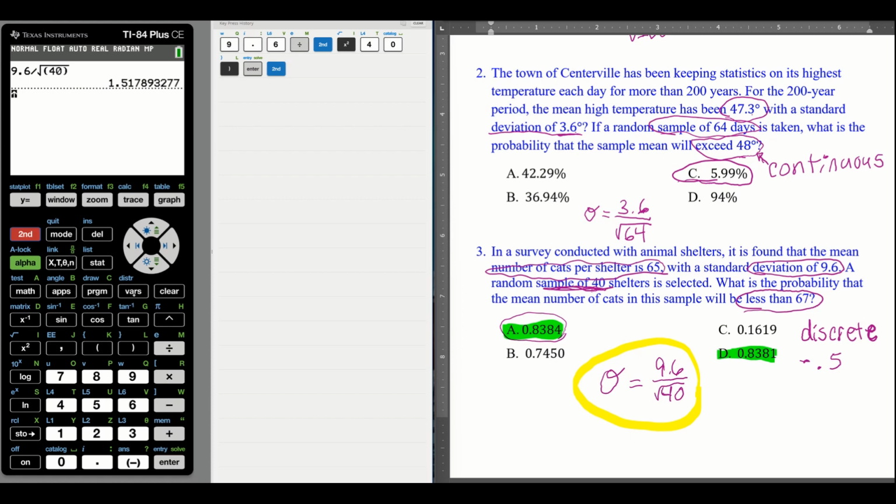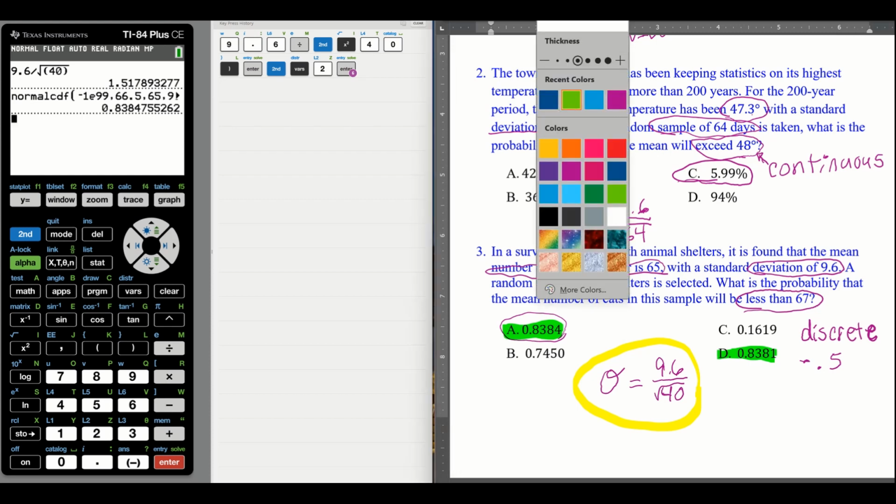It depends on how I round this. As you see, our problem is already in our calculator. So we just enter, and that is where we had it put in already. And remember, we came up with this answer. And in my opinion, here, let me point this out. Choose green.